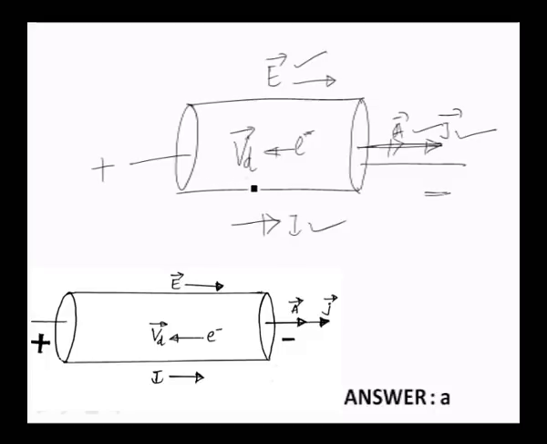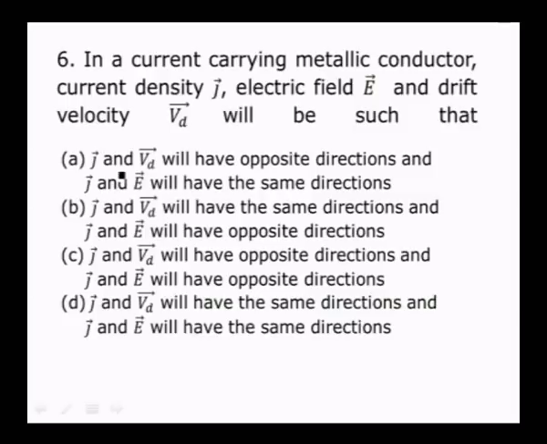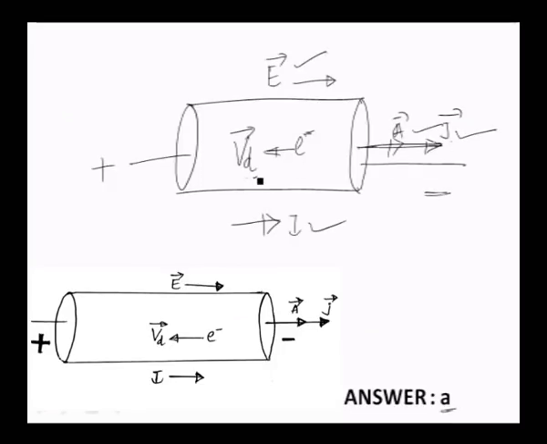Therefore, the correct option is A. J and Vd are in opposite directions, and J and E are in the same direction.